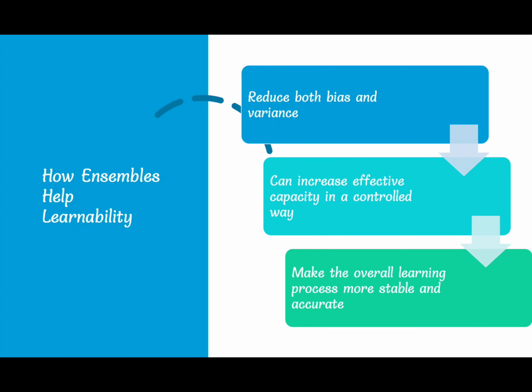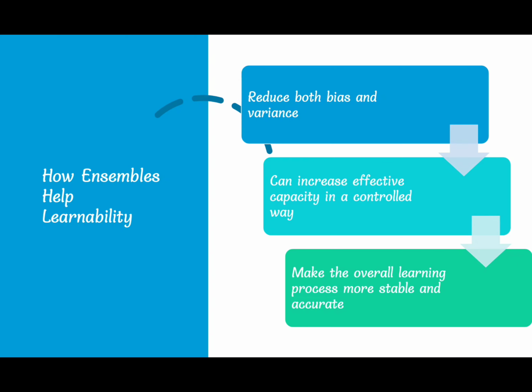How does ensemble help learnability? So, how does ensemble learning help with learnability? It does this in two big ways. First, it reduces bias, meaning the model becomes more flexible and less likely to make simple mistakes.